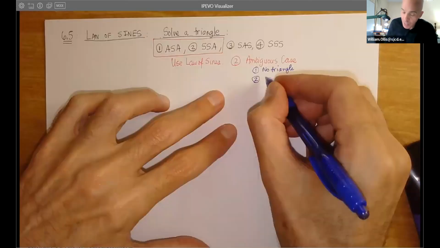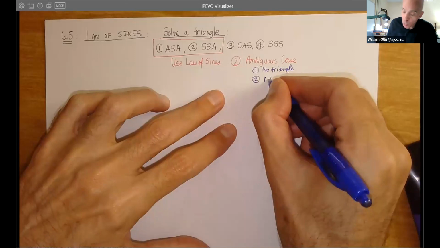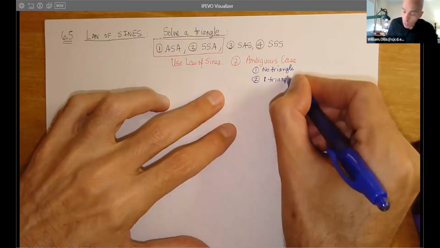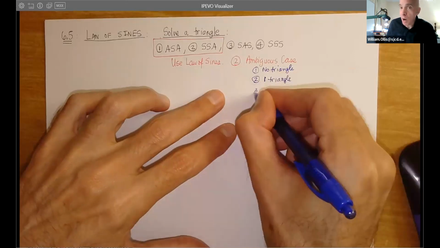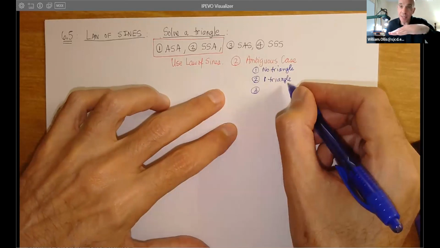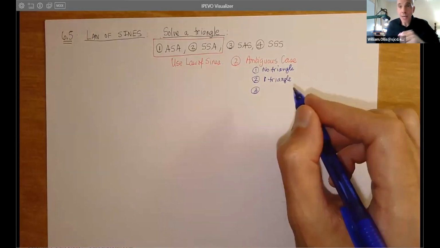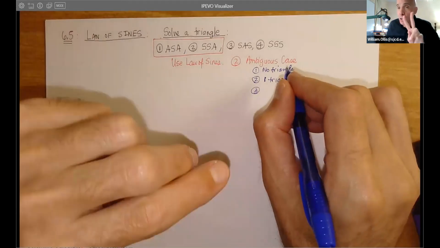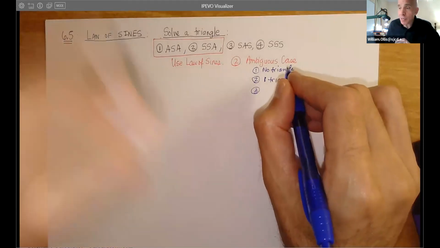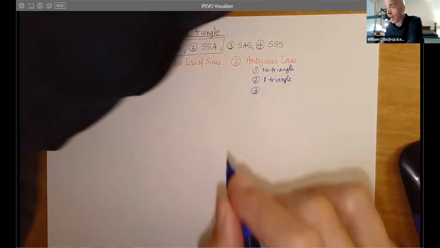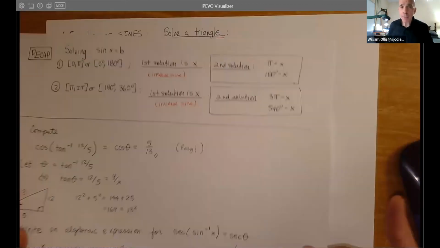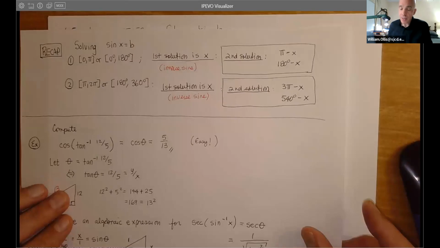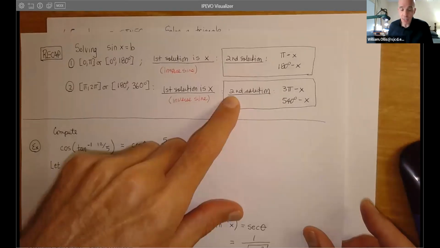And then for instance, you could have what we call one triangle, or we all know about Professor Ron's lemma with the sine. When you're thinking of 0 to 180 degrees, you have the possibility of 2 triangles, because you may get 2 solutions to the sine equation, which is what I did right here. Maybe you're solving a triangle and then you get this situation here.